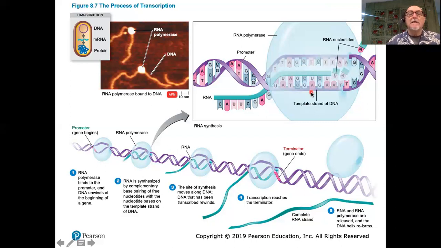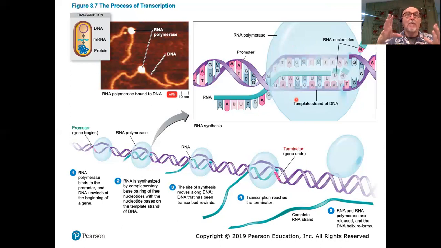Eventually, the RNA polymerase reaches the end of the gene. And there are various ways, which we won't discuss, where locked into the DNA sequence usually, there is a message which is given to the RNA polymerase to tell it to actually fall off, to disengage from the DNA.